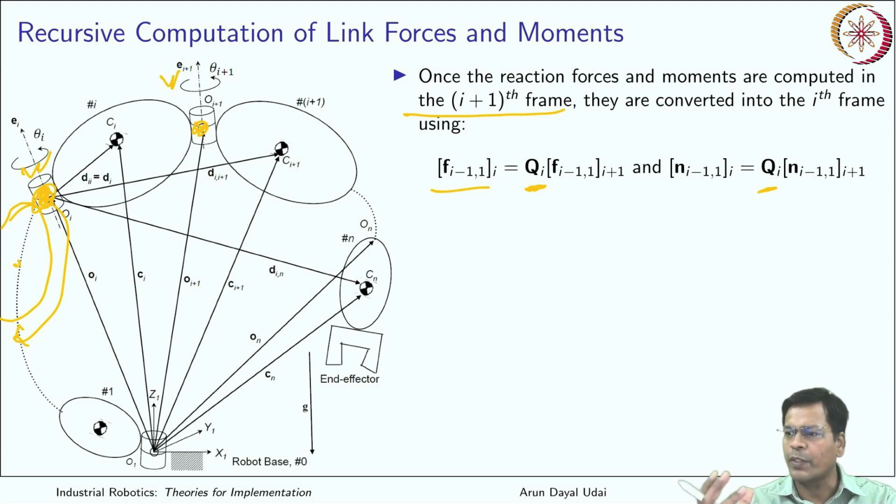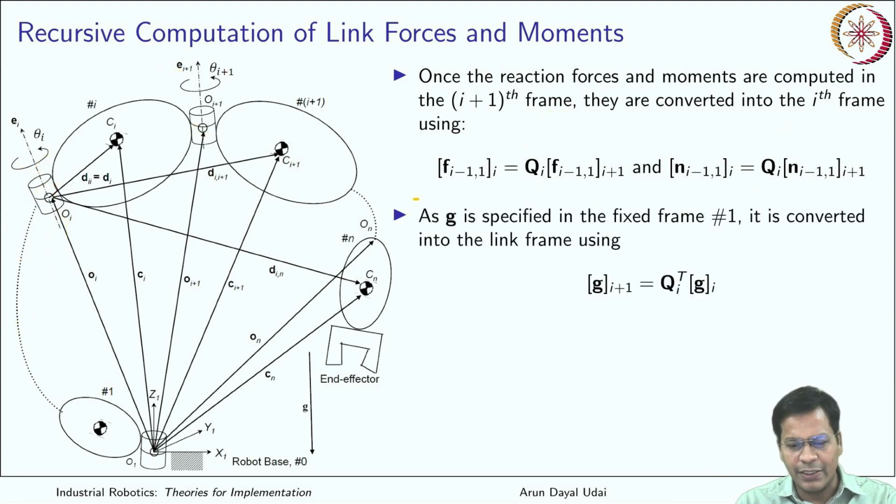Okay, because all the vectors and moments can only be added if they are in the same frame. So this is why this value is used. You know Qi for all the links through your DH parameters. Again, as G is specified, you know G, it is always specified in the ground fixed frame, that is the world frame or the first frame of the robot which is attached to the ground.